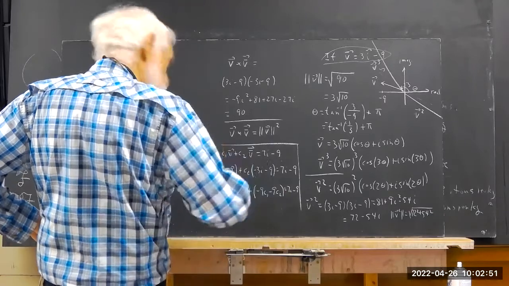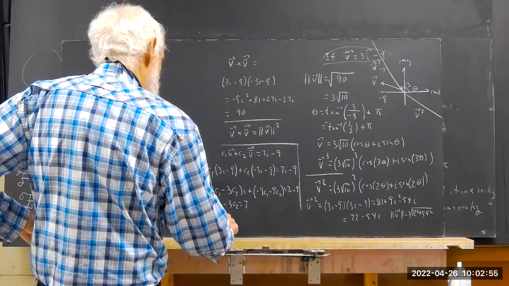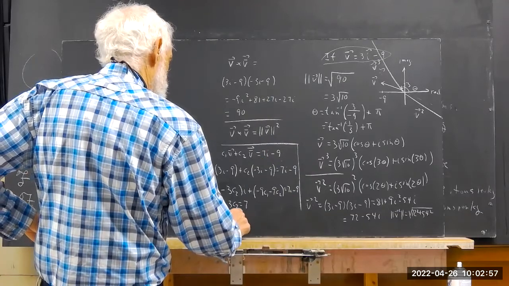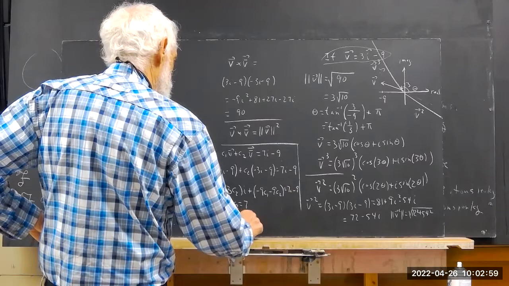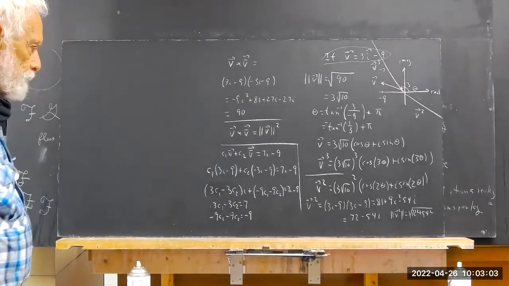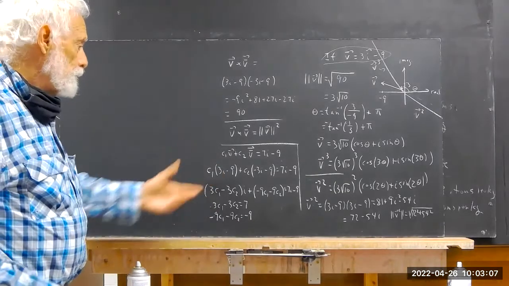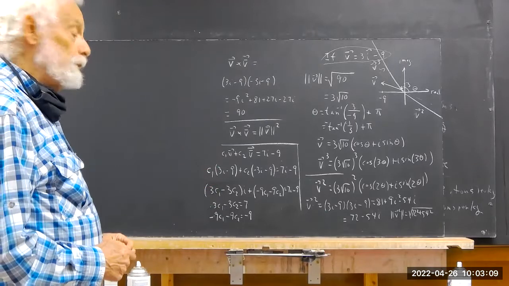Then negative 9C1 minus 9C2 equals negative 9. So we can easily solve for C1 and C2.